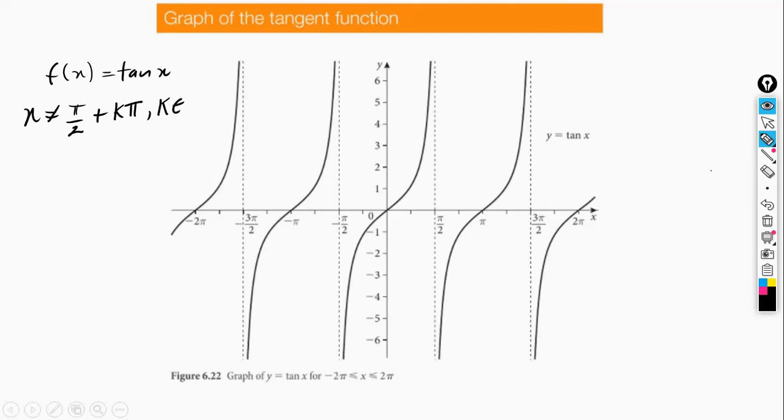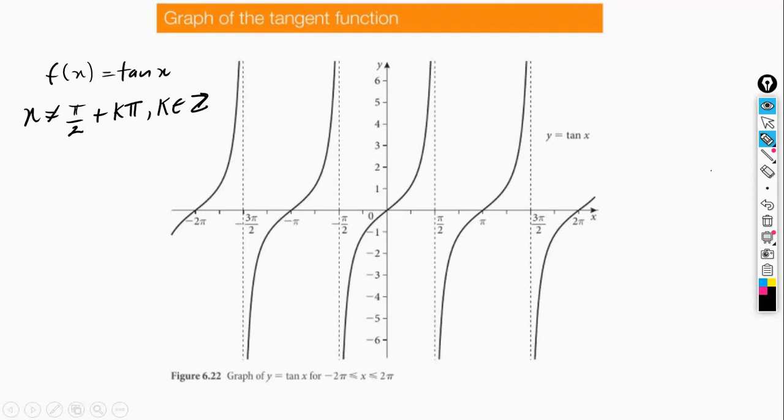This is for any k belonging to the integers. Also, we can see from the graph that the range of tangent of x is all real numbers. So with this, we could speculate that the period of tangent is pi.